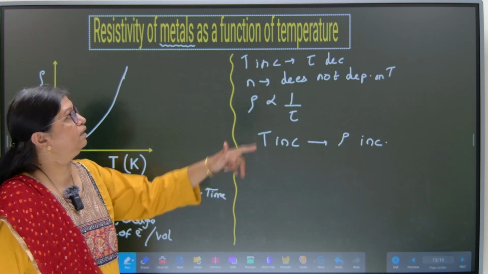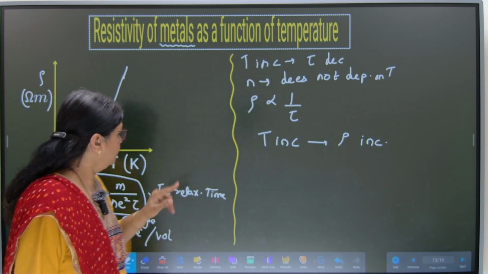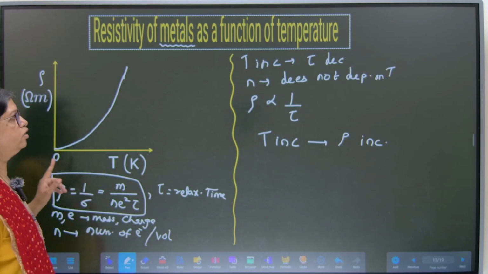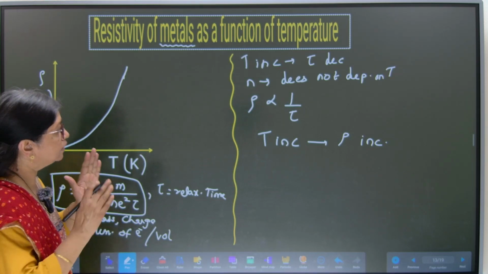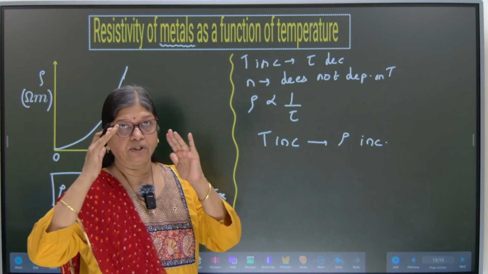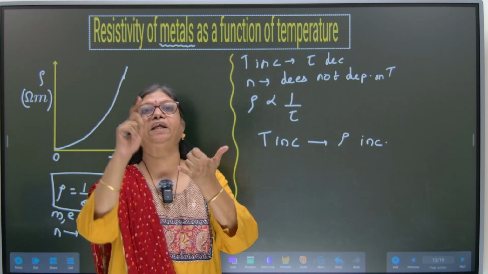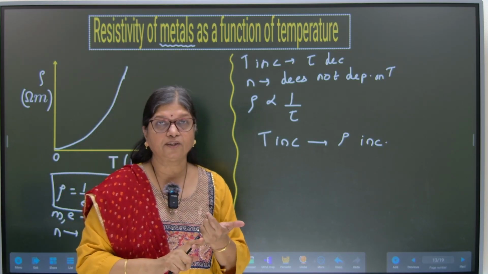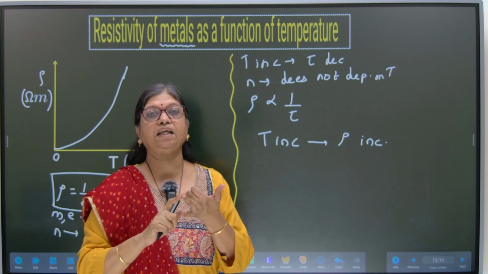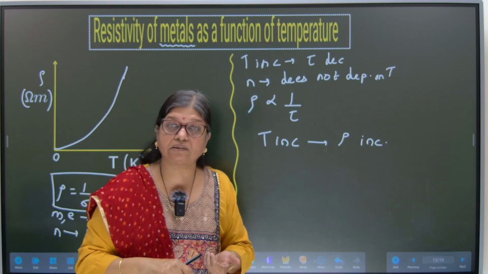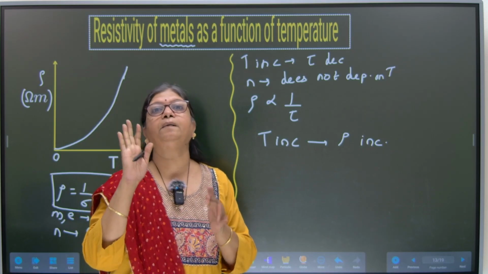Fine. Reason? Tau decreases, tau is in the denominator, so rho increases. So the whole concept is as temperature increases, resistivity also increases in a metal.